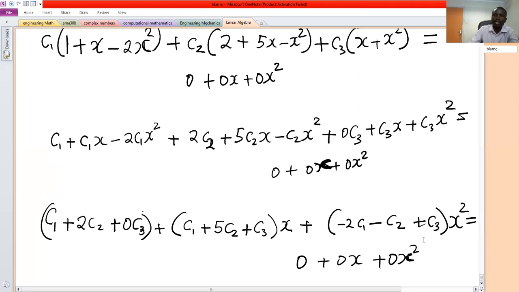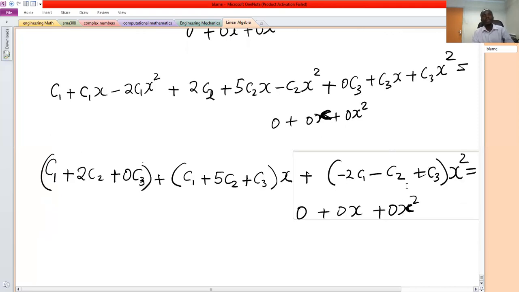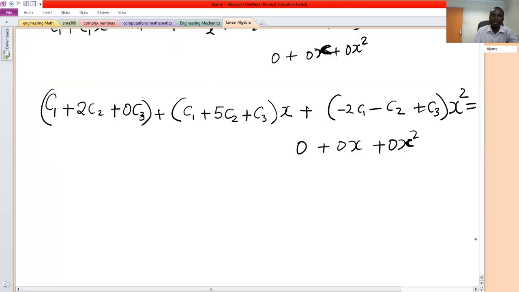Now for this equality to make sense, the constant term on the left should be the same as the constant term on the right, the coefficient of x on the left should be the same as on the right, and the coefficient of x squared on the left should be the same as on the right.